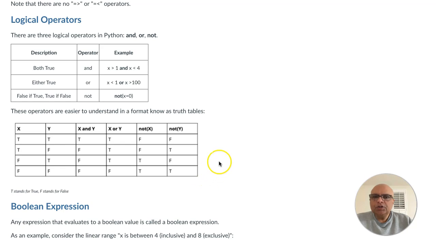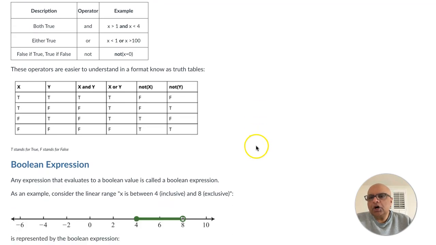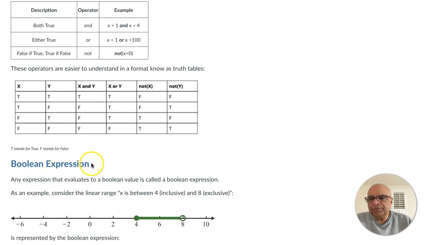Now we can use all the operators that we know about to create an expression that would return a Boolean value. And such an expression is called a Boolean expression. So let's take an example. As an example, consider the linear range where x is between 4 inclusive and 8 exclusive.